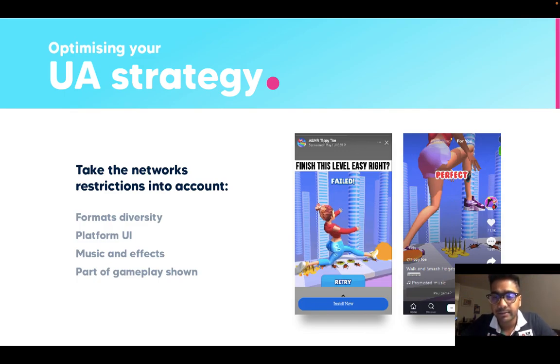Later on, it's also quite important to understand the effect of creative fatigue, which happens while the game is being scaled for, let's say, 3 to 4 months. It's very common to see creative fatigue when you're using the same video across all your UA networks. In this situation, you need to try different ideas for your creatives.